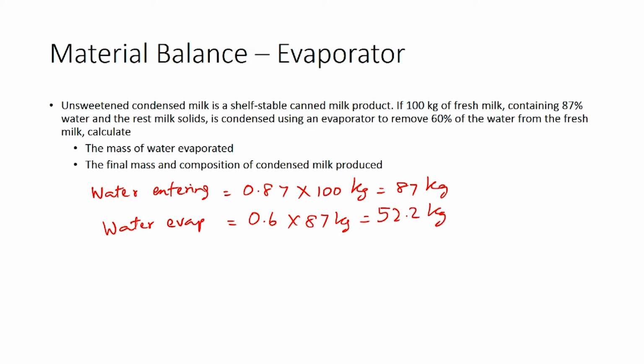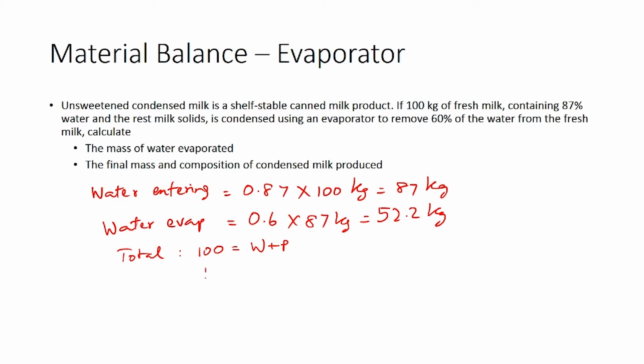Now we can write a total mass balance for the system which we looked at, which would be 100, which is the mass of fresh milk entering, is equal to W plus P, which are the masses of water leaving the system and the condensed milk which is leaving the system.